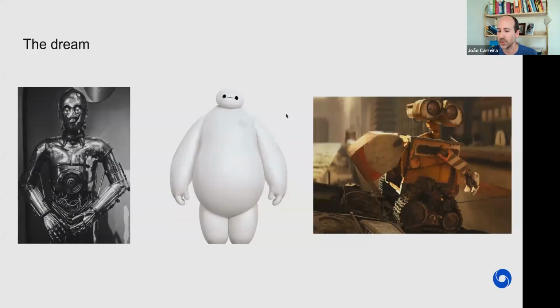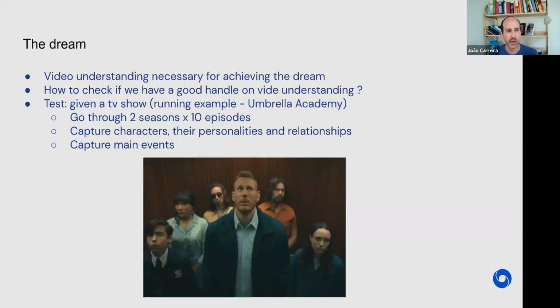Okay, so the overall goal of many of us, including many of you probably, is to build robots that we can interact with and that are generally smart and can understand the world around us as well as we can, so that we can communicate with them, interact with them, ask them to do things, and so on.